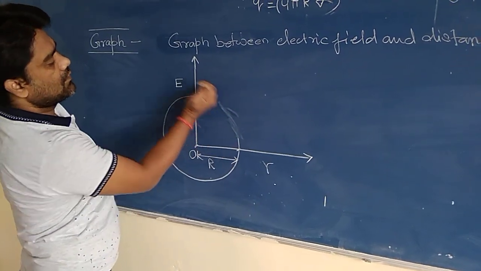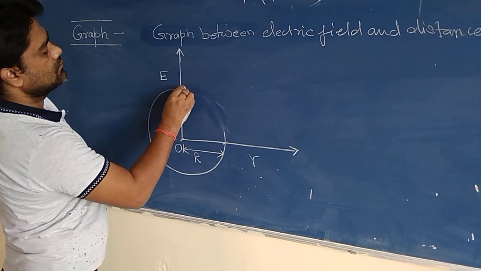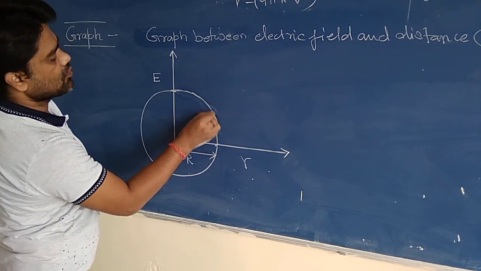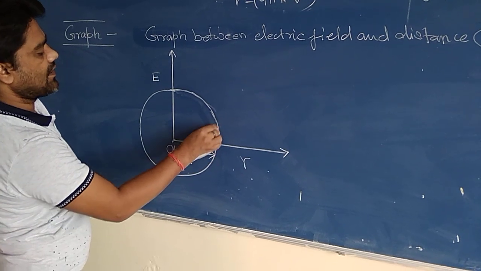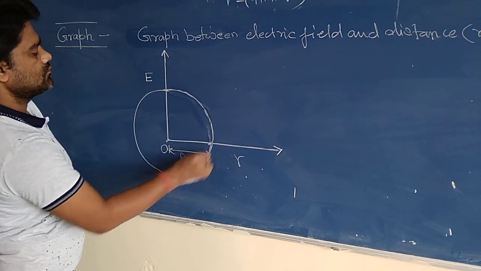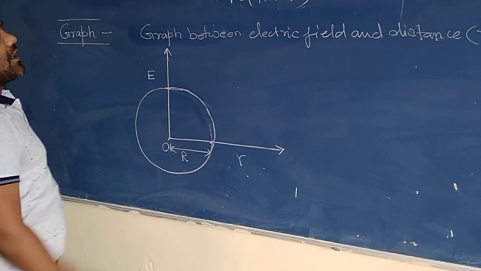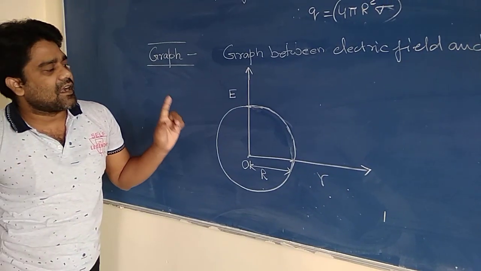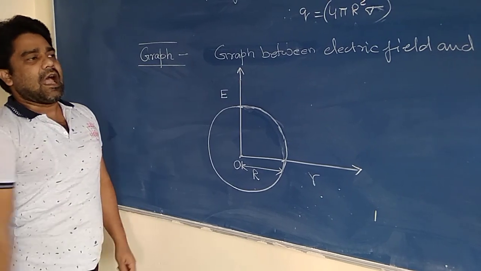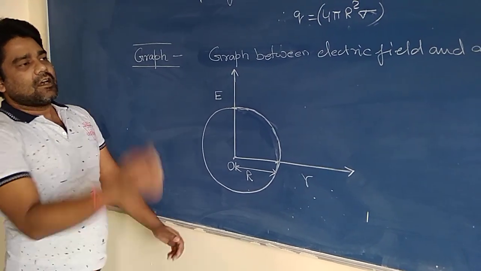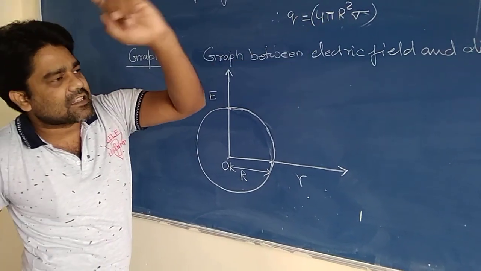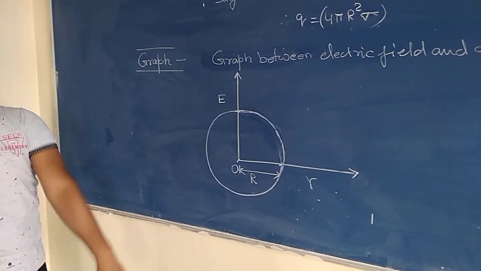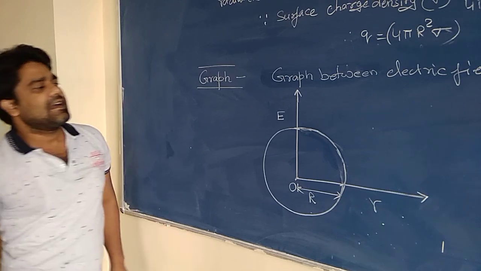Always remember, dear students, this graph is very important. Inside the spherical cell the electric field is 0, and outside the spherical cell the electric field decreases as a function of r.